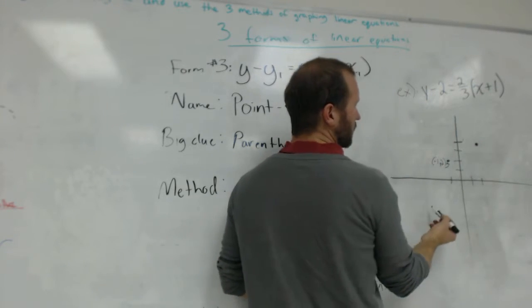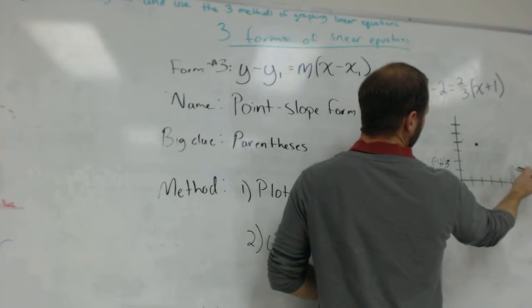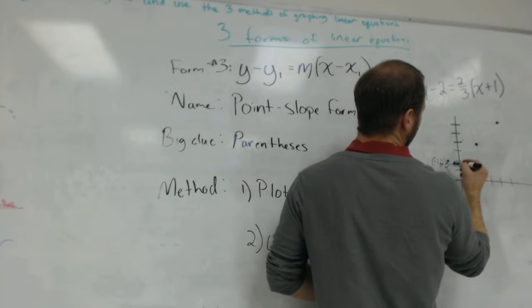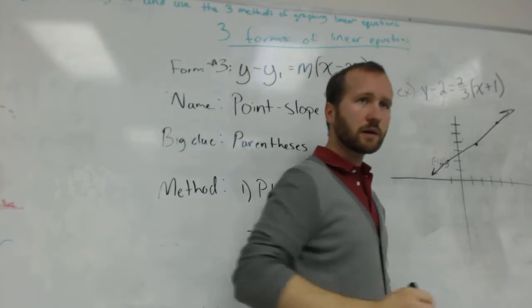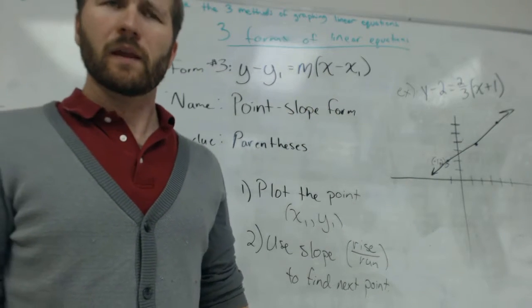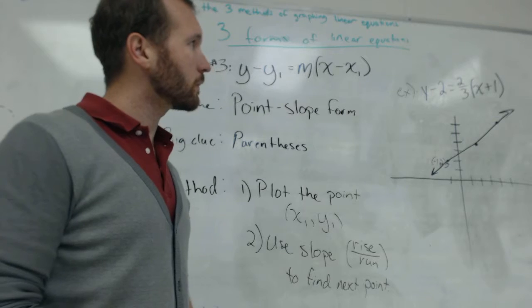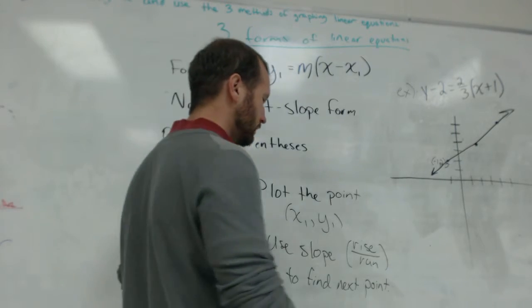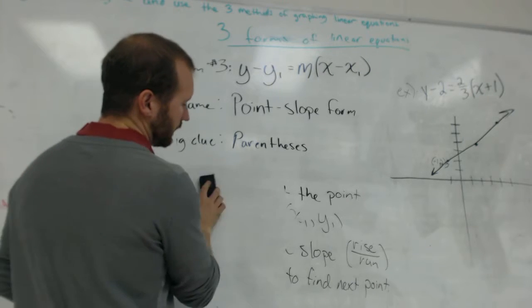So I went up 2 over 3. Up 2 over 3. And then I connect those 3 points with a straight line. That's point slope form. All right. So now we've got all 3 forms of the line.